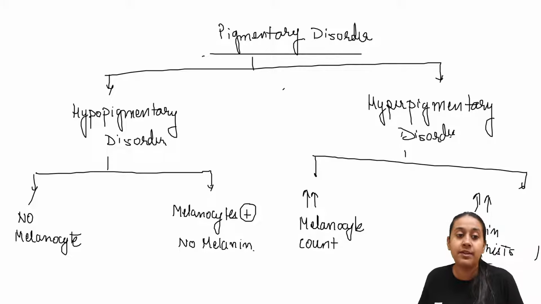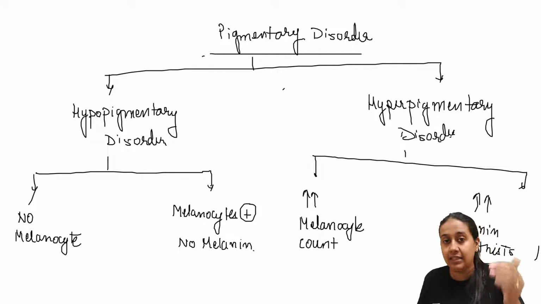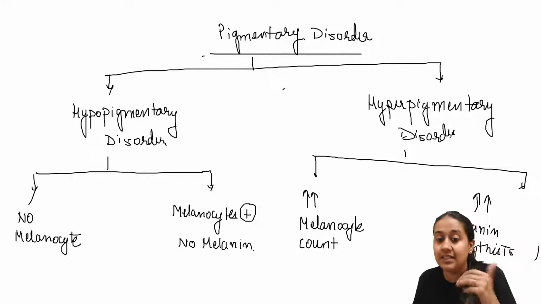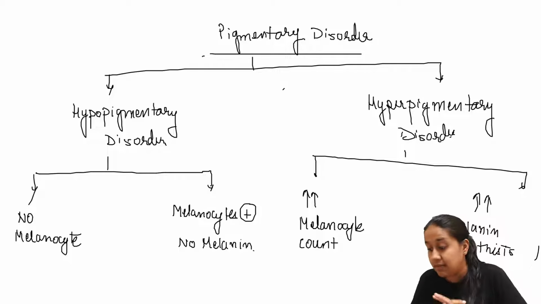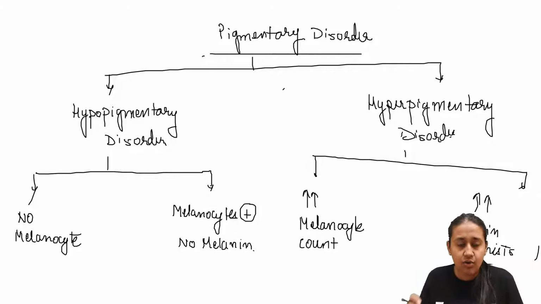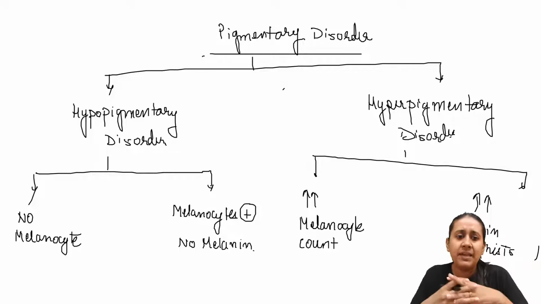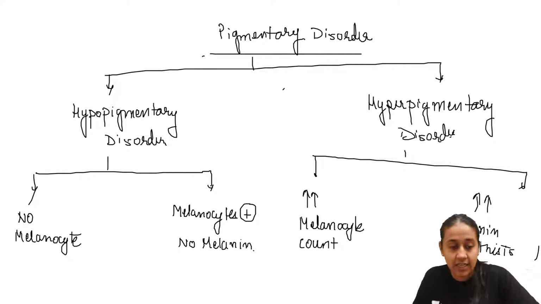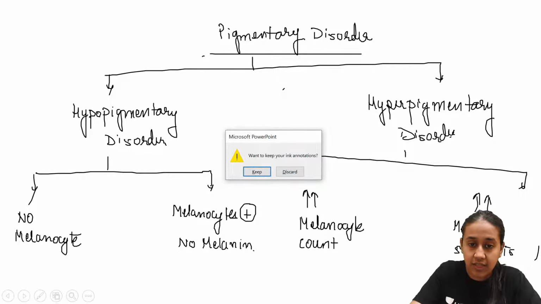So two types of pigmentary disorders, hypopigmentary and hyper. Hypo means either no pigment or no cell, and hyper means either increase in the melanocyte count or increase in the melanin synthesis. Now we will tell you a little bit about the pigment formation and then we will start with today's question.